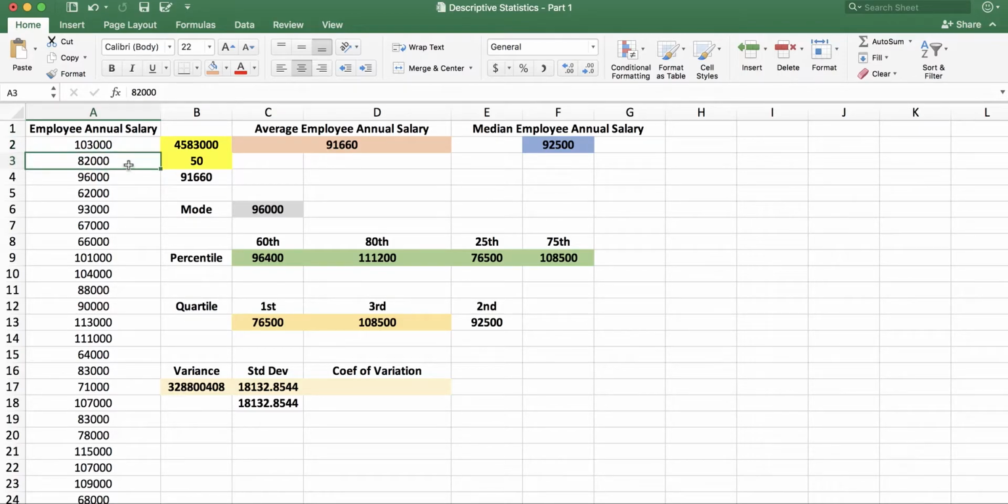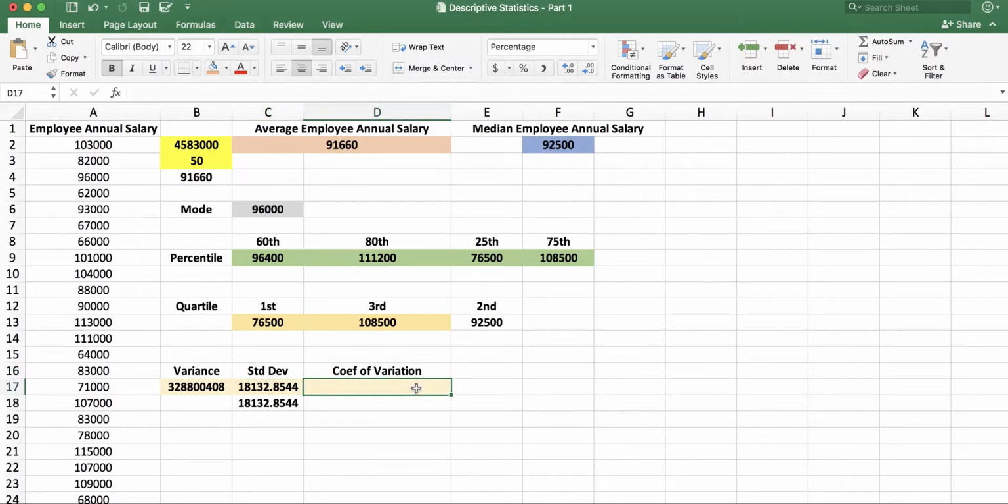So for example, $82,000, $96,000. But the unit of your variance is going to be dollars squared because that represents the squared deviations. But the unit of the standard deviation is still dollars, okay? So same unit as your data set. So that could be helpful to better understand the deviation, the variability in your data set, okay? So that is one of the main differences between the variance and standard deviation.